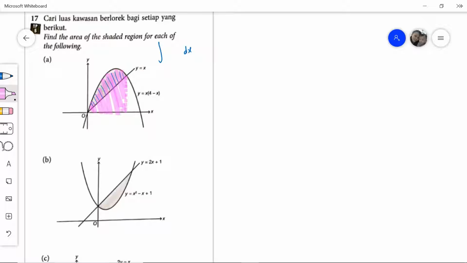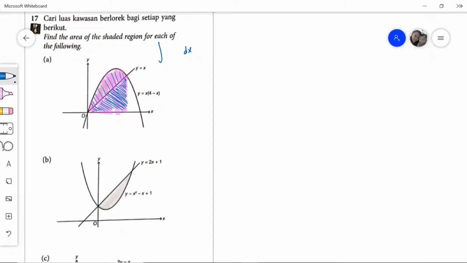And if I integrate the straight line, I will get the area of the blue shaded side, which is the area of the triangle.